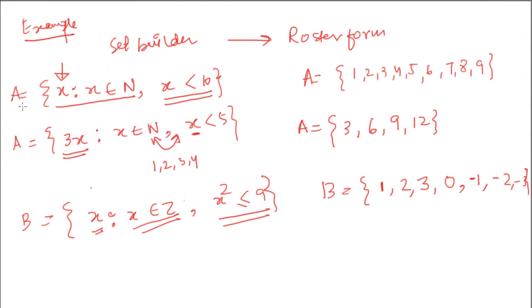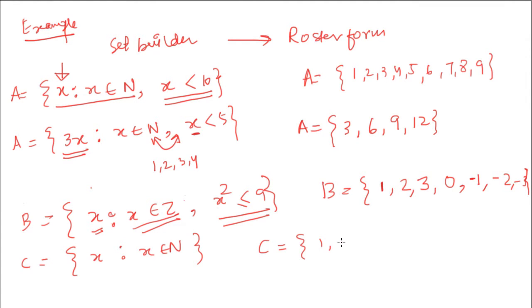Situations are given with how the elements are represented, the definition of the element, and the condition. Let's suppose the condition is not given, what would happen? x belongs to natural number. In this case, our set C is an infinite set.